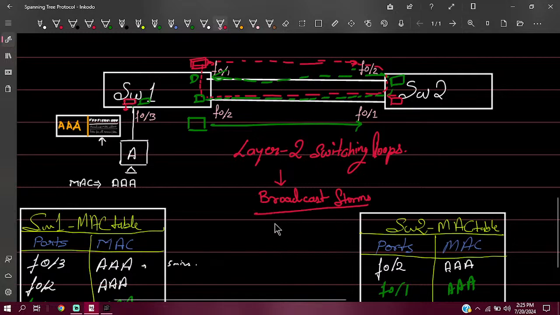The result of your broadcast storm would be that your network might go down, with complete bandwidth exhaustion. These are a few cases that could arise from the broadcast storm.